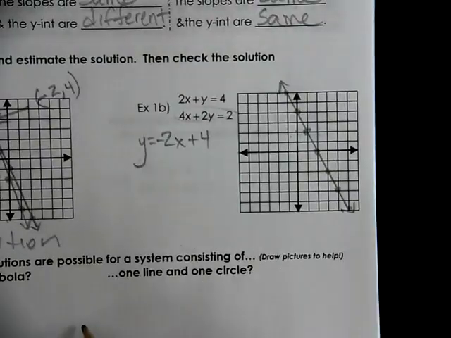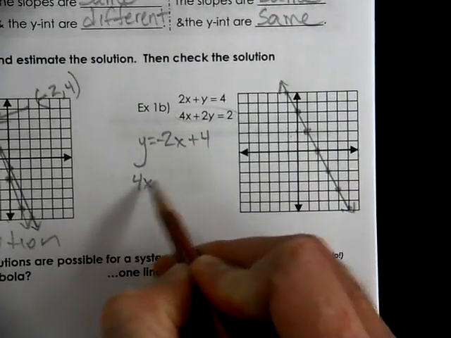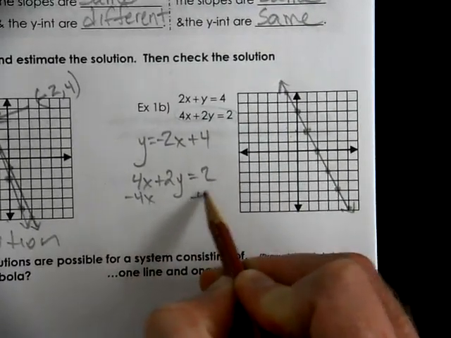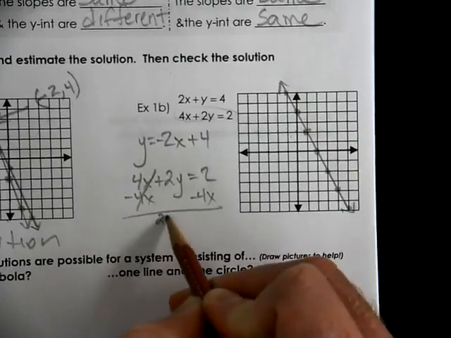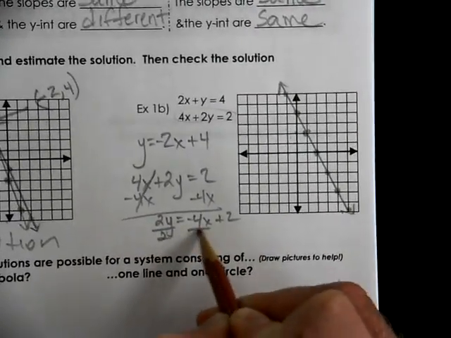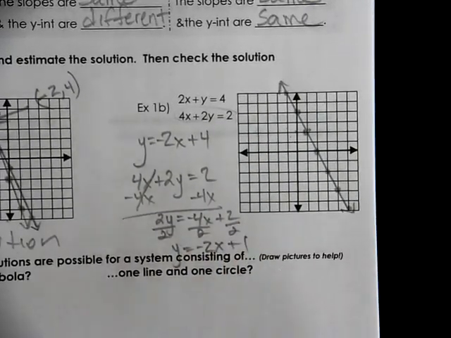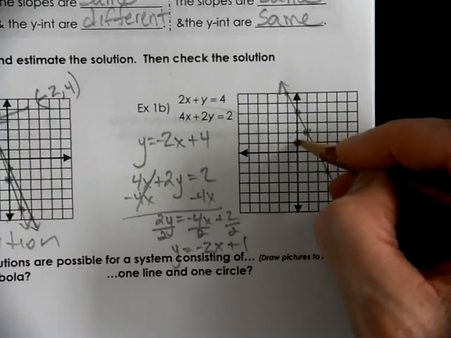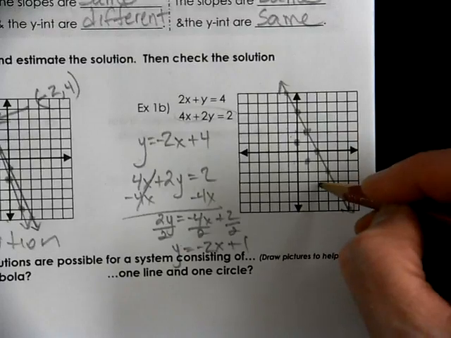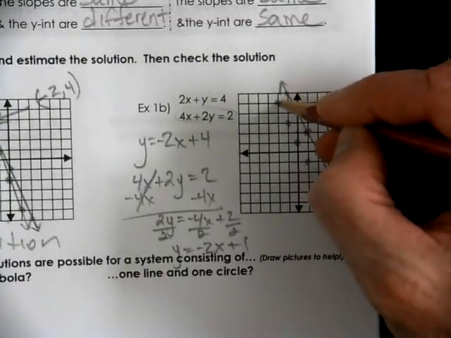Now we're going to take the second equation. We're going to move the 4x over. Those are unlike terms, so we cannot combine them. We divide by 2. So I'm up at 1, and I do my slope of negative 2 over 1, down 2 over 1, up to positive 1.